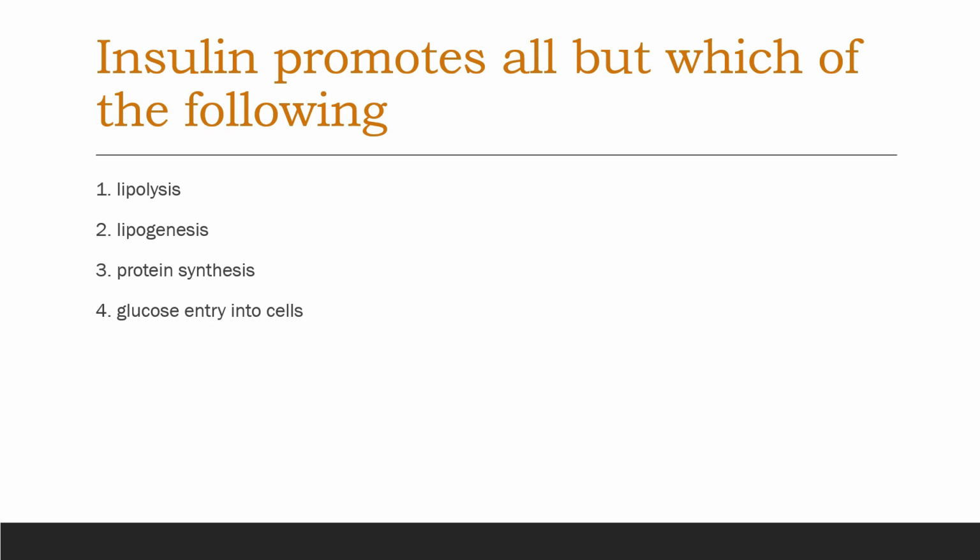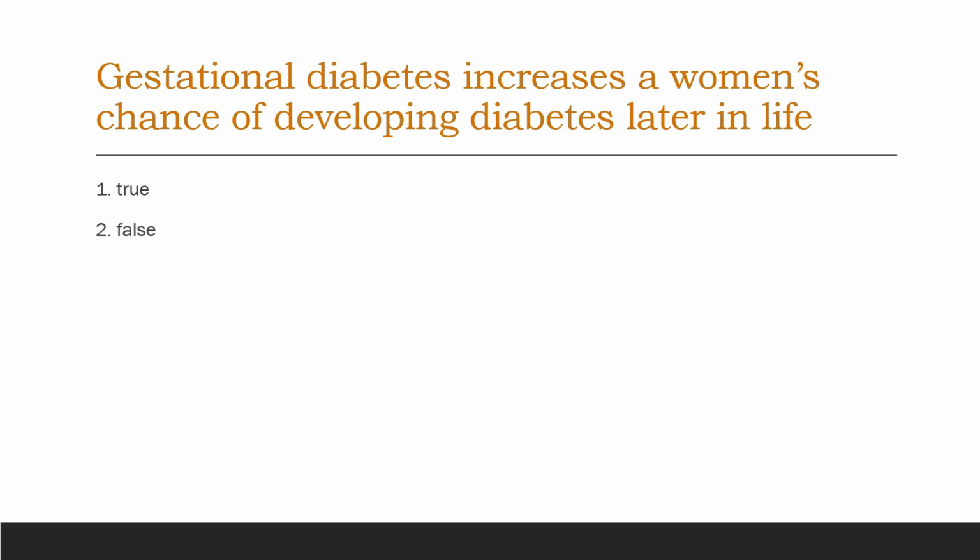Next question. Insulin promotes all but which of the following? Lipolysis, lipogenesis, protein synthesis, and glucose entry in the cell. The correct option is number 1, lipolysis. Gestational diabetes increases a woman's chance of developing diabetes later in life. That is true. If a woman has gestational diabetes, it can lead to the future development of diabetes.